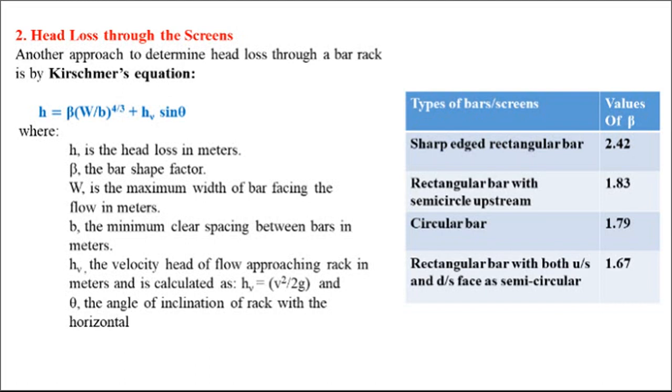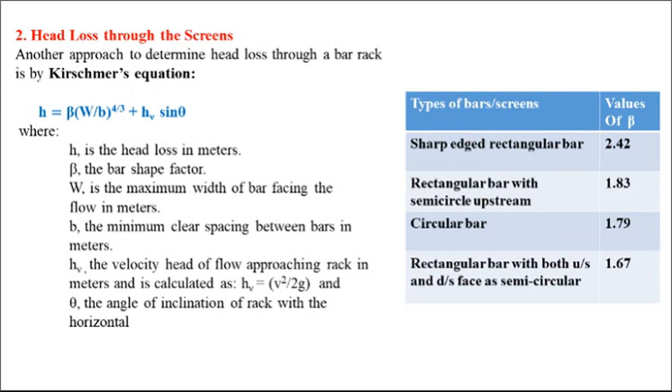As per this equation, h is equal to β (W/b)^(4/3) hv sin θ, where small h is the head loss in meter, β the bar shape factor, capital W is the maximum width of the bar facing the flow in meters, small b the minimum clear spacing between the bars in meter, hv the velocity head of flow approaching the rack in meter and is calculated as hv = v²/2g, and θ the angle of inclination of the rack with the horizontal.